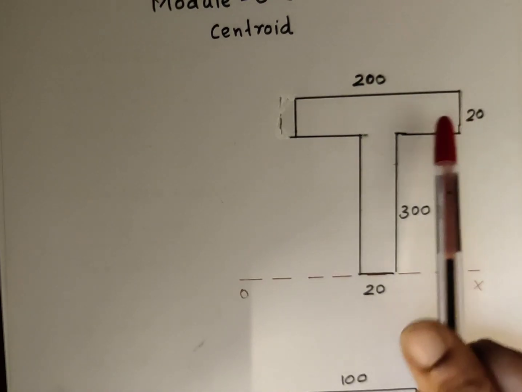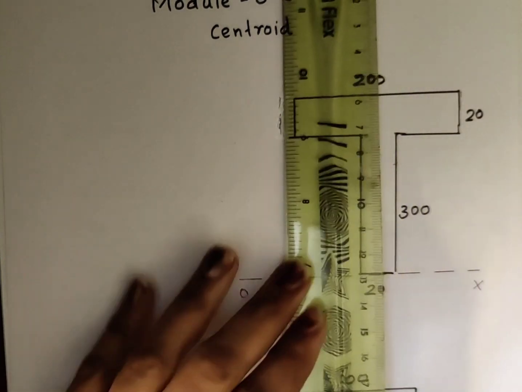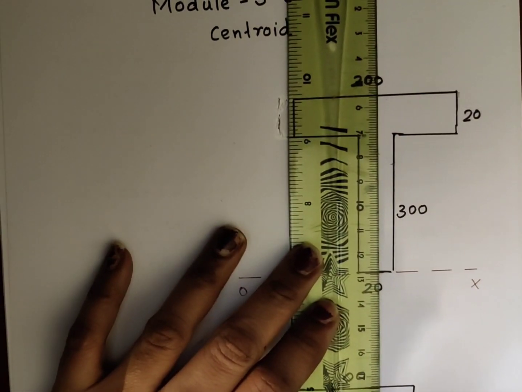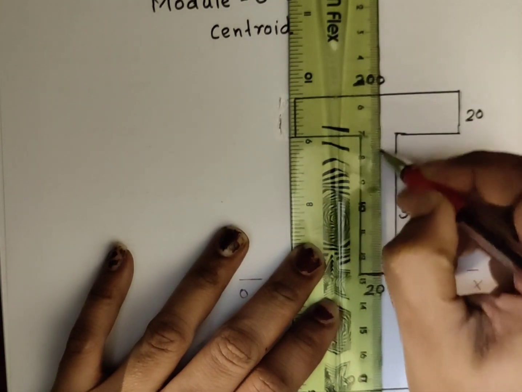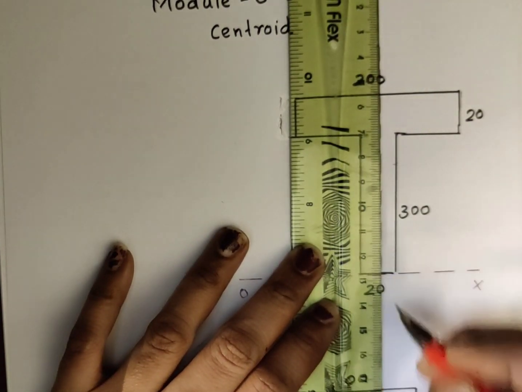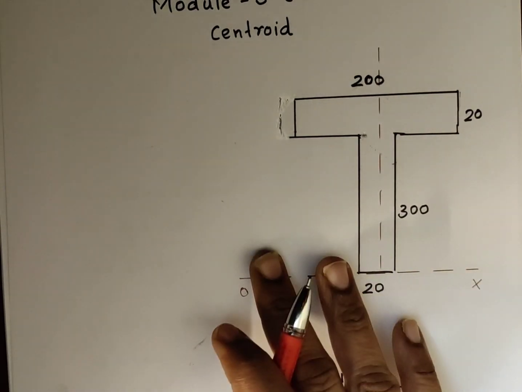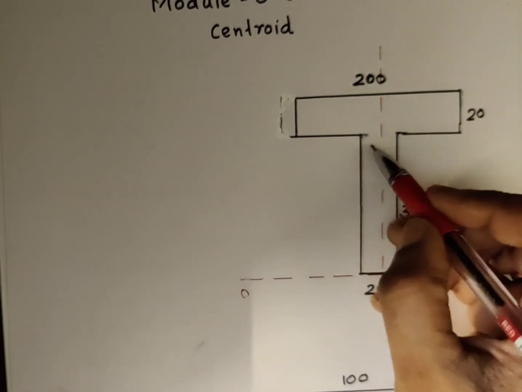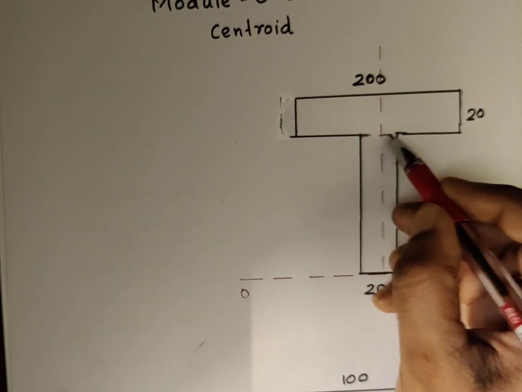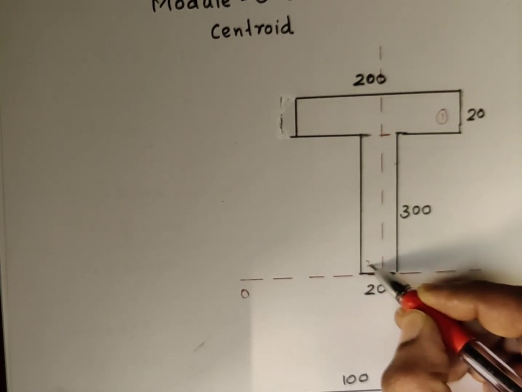And now when you take this figure, this simple figure, that is the first rectangle and the second rectangle is symmetric with respect to this y axis. So the right half and left half of the composite section is also symmetric. This is the first rectangle and this is the second rectangle.